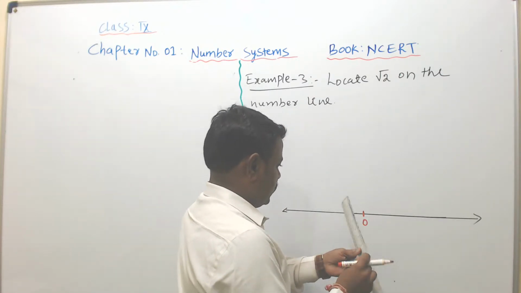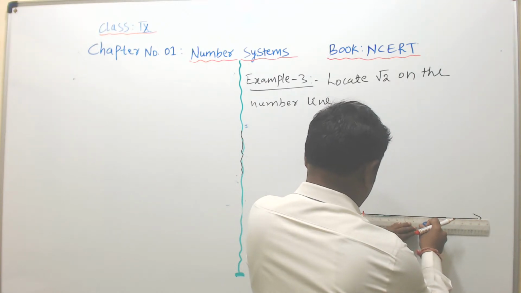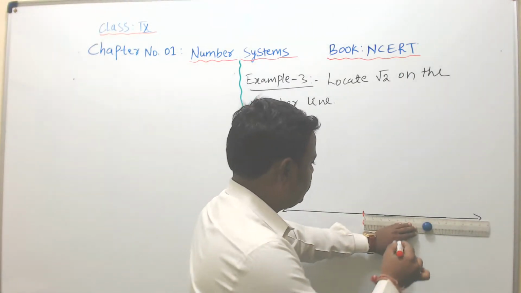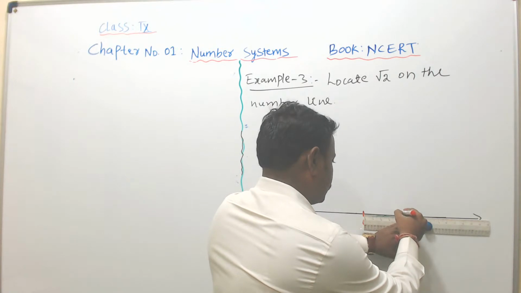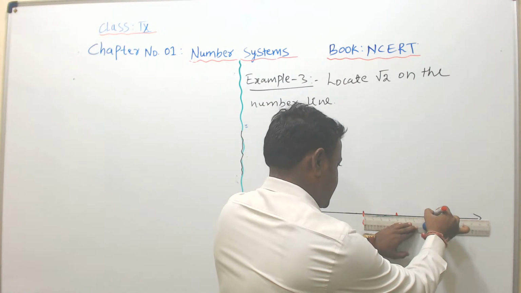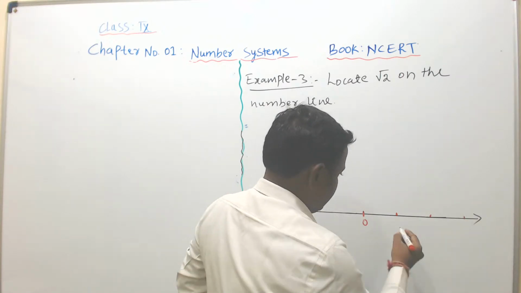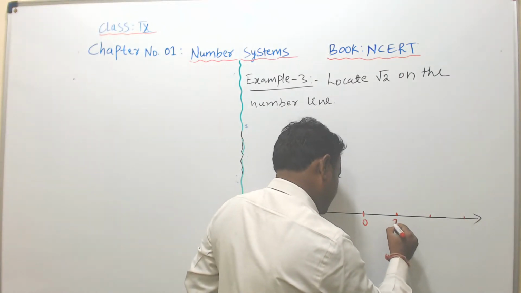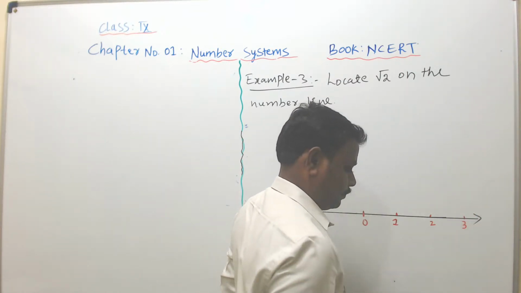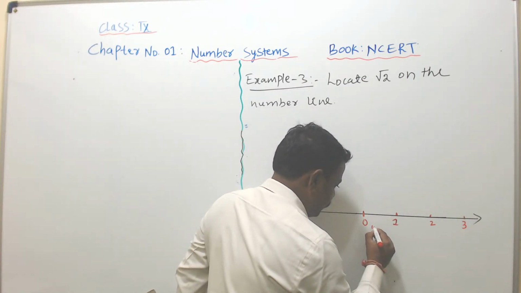Listen here. I'm choosing the scale in such a way that 2 centimeter is equal to 1 unit. Here I will write 1, 2 and 3. So from here to here, 2 centimeter is just taken as 1 unit.